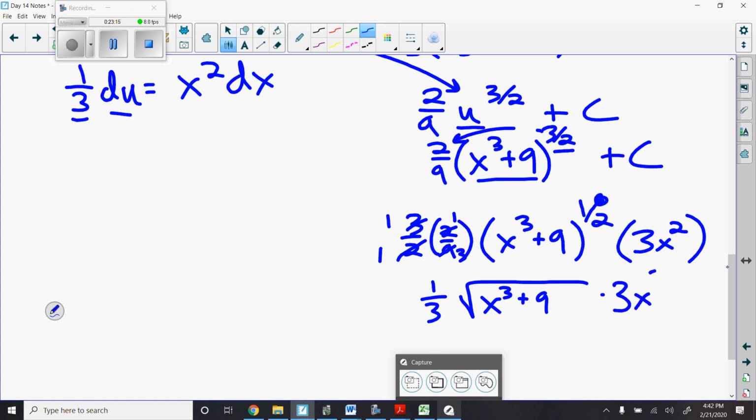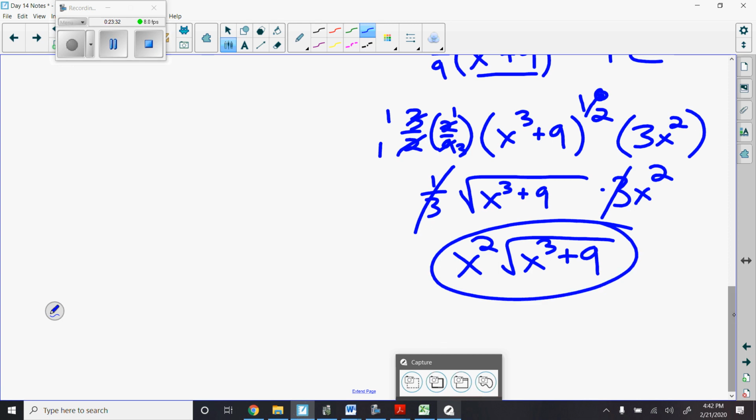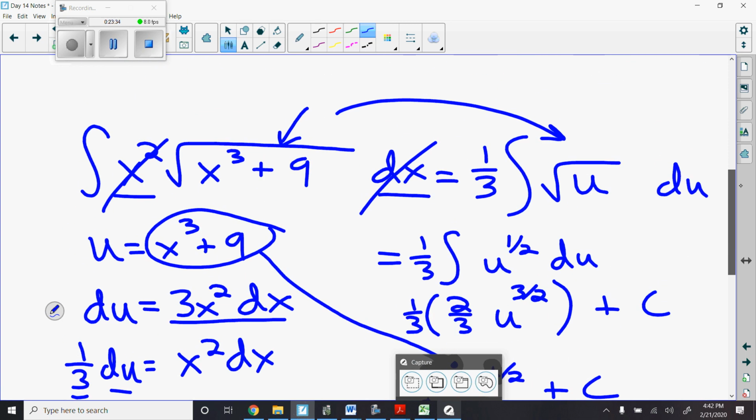Times 3x squared. And what I'm going to see is the 3 and the 1/3 are going to multiply together to make 1. Putting that x squared out front, I do get that exact same thing, right? This is exactly where I started up here.